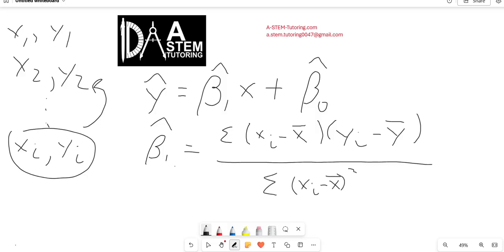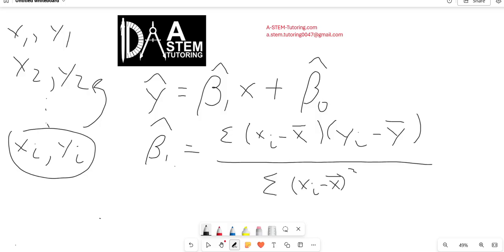Basically, for every data point, you take that data point minus its mean for x and y. That's your numerator. The denominator is for every data point, you take that value of x minus the mean of x, square it. The summation of that is the denominator. And once you run this, that will give you beta 1, the slope.